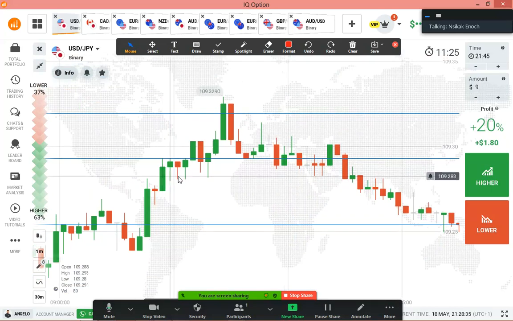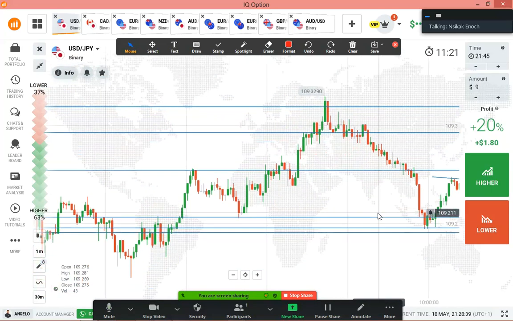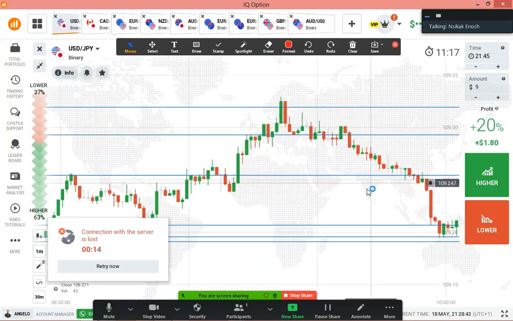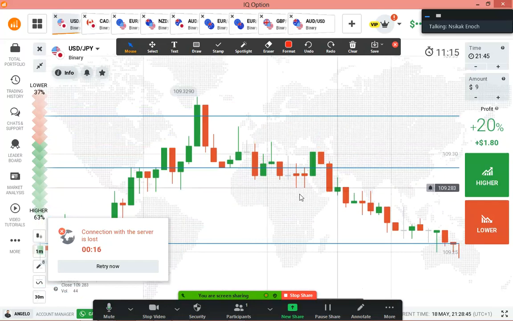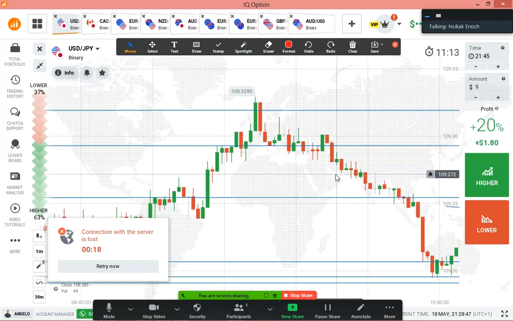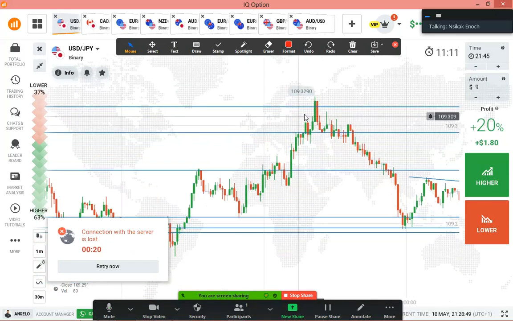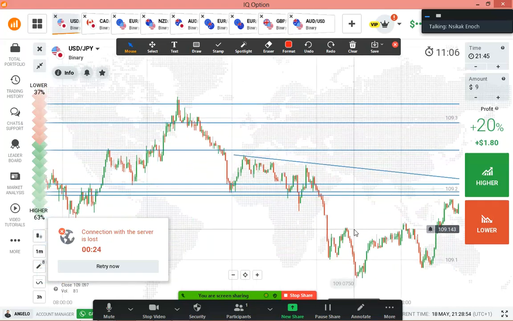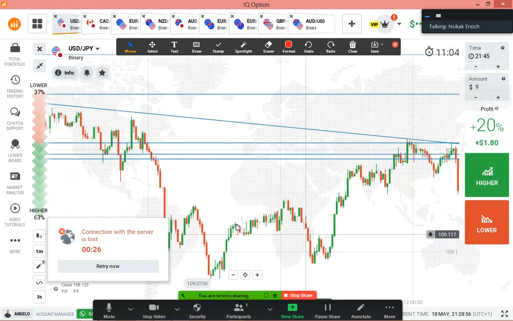Any candlestick pattern you trade in this kind of situation will not work. Because you are trading in a downtrend, make sure that any pattern you trade should be a bearish pattern, not a bullish pattern. So these are the rules when trading supply and demand.